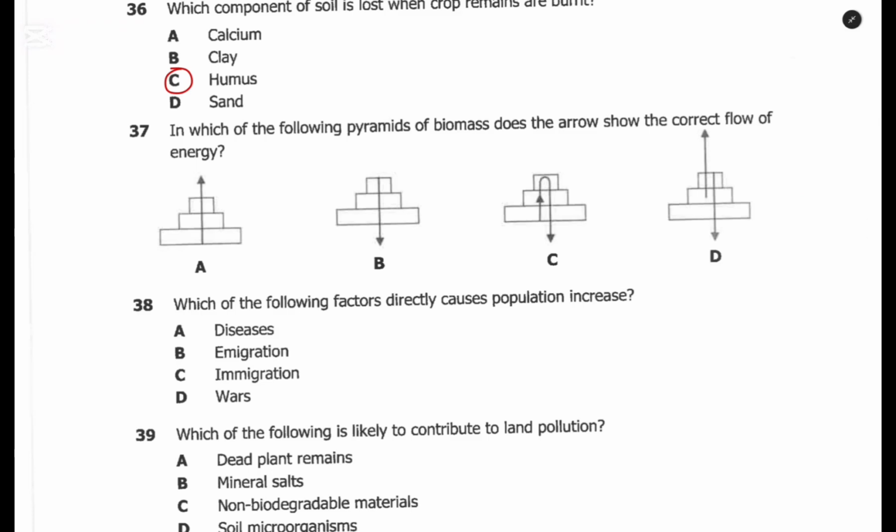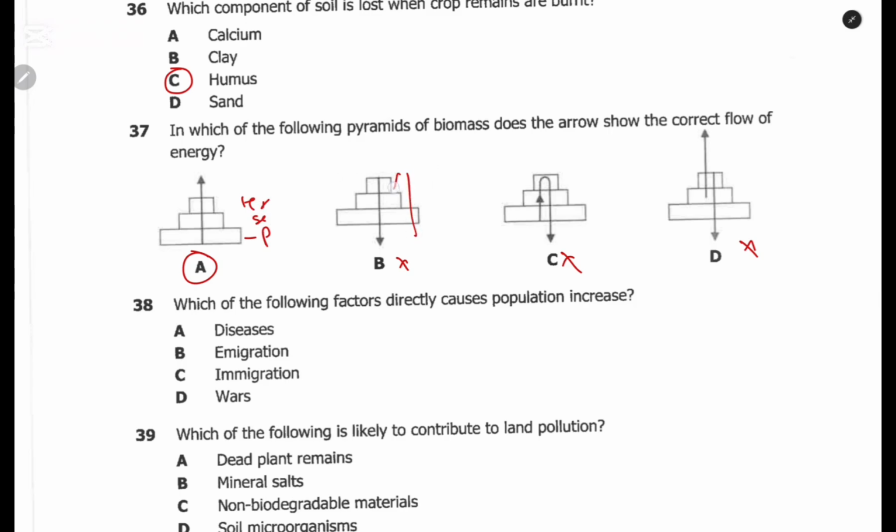In which of the following pyramids of biomass does the arrow show the correct flow of energy? So the correct flow of energy can never be D, never be C, and not this one, but A. Energy flows from the primary to the secondary, then tertiary.